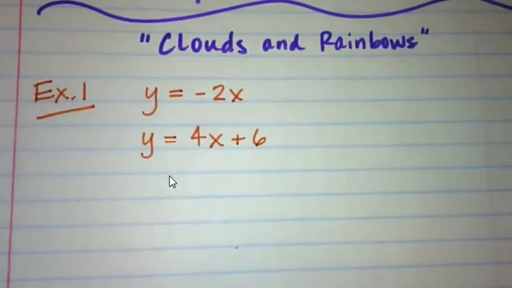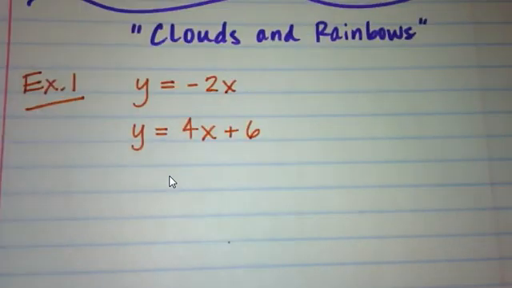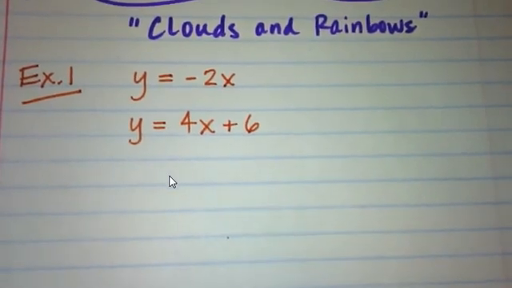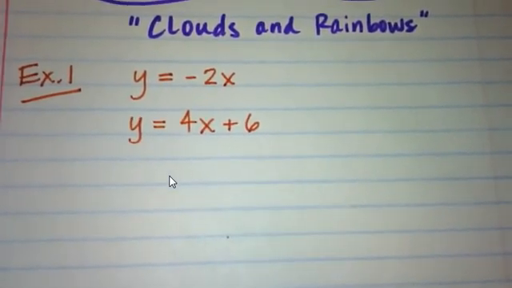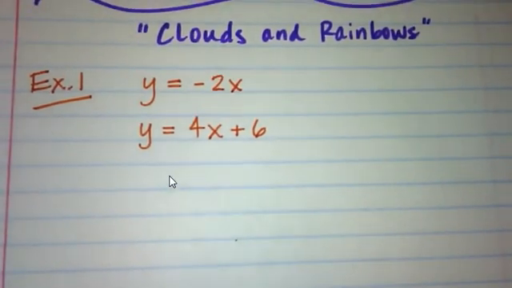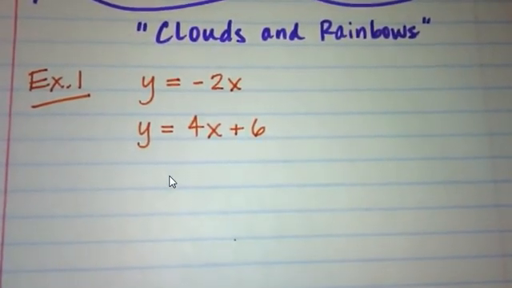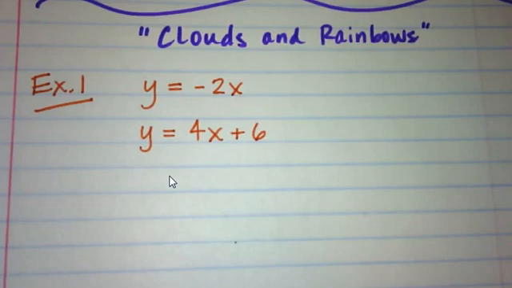Okay, the way this works is basically we have to get one of the equations solved for one of the variables. And it doesn't matter which one. A lot of you are used to doing y equals mx plus b, so you might end up favoring that.